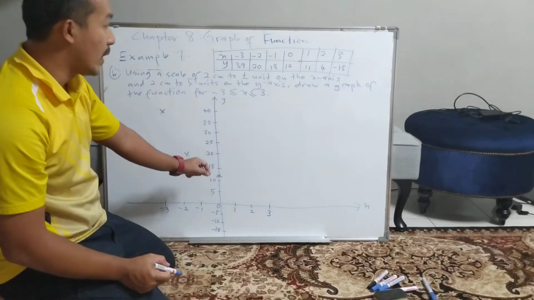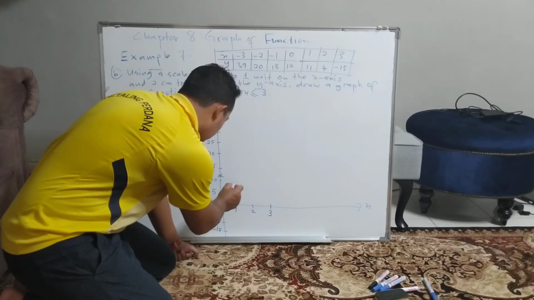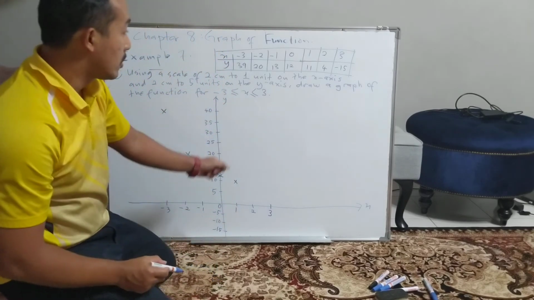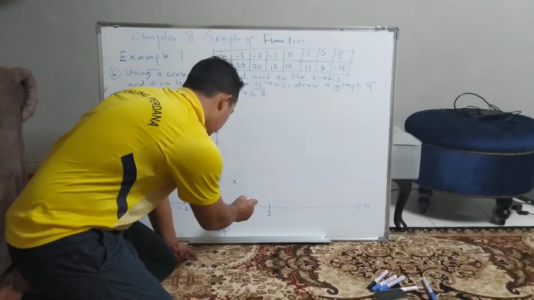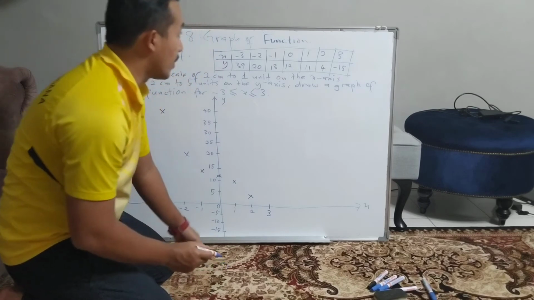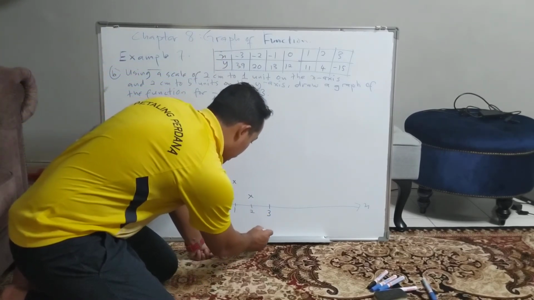The next point is (1, 11), so here. Then the next one is (2, 4), here. Then the last point is (3, -50). So this one is (3, -50).